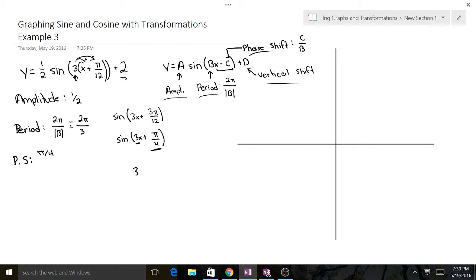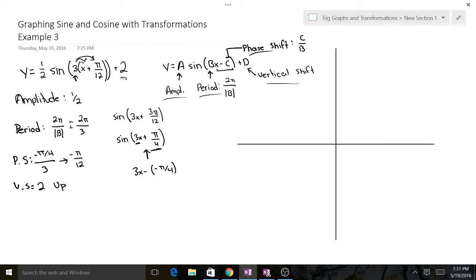So what we really have is 3x minus negative pi over 4, and that turns it into 3x plus pi over 4. So it's negative pi over 4 divided by our b value, which is 3. And that gives us negative pi over 12. So that's our phase shift. Then we have the vertical shift, which is 2 up.